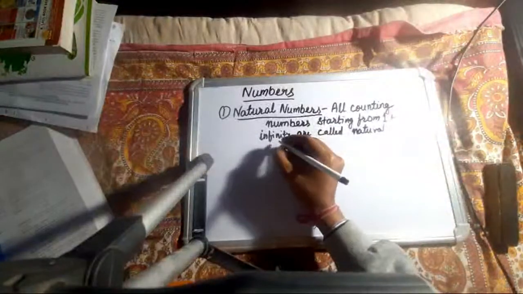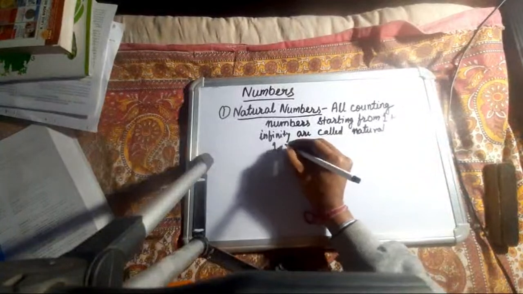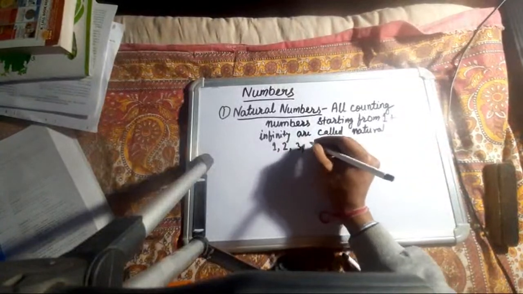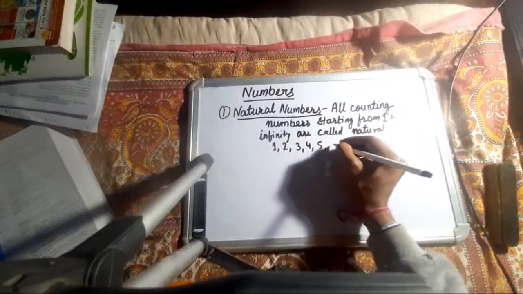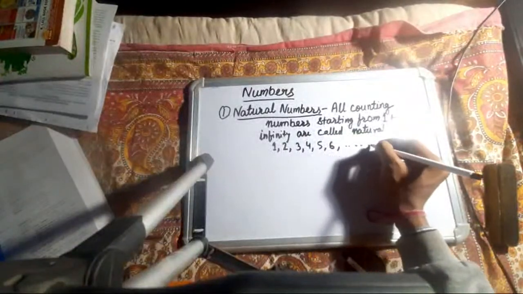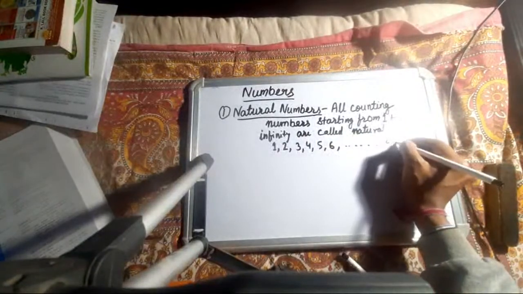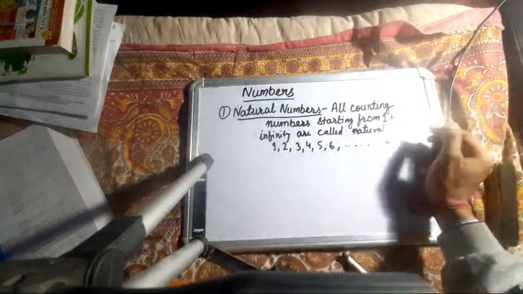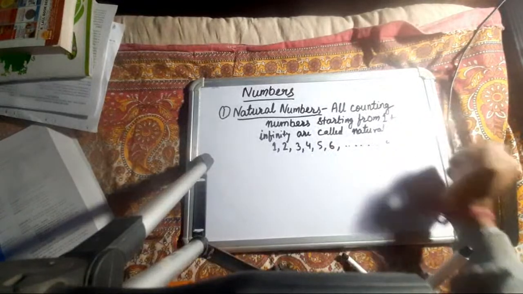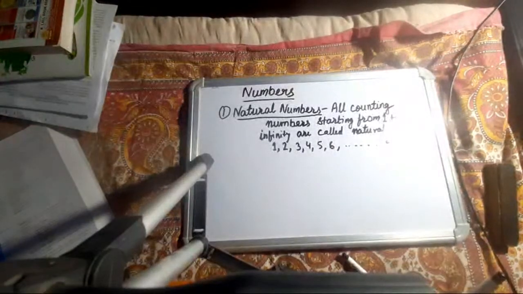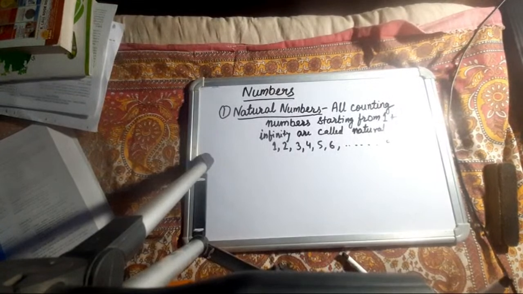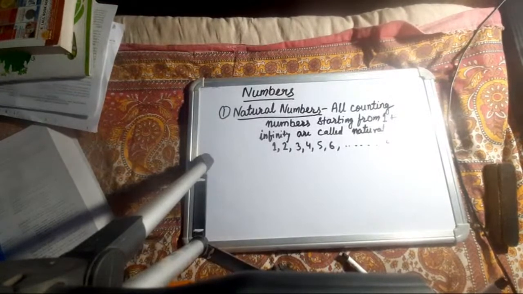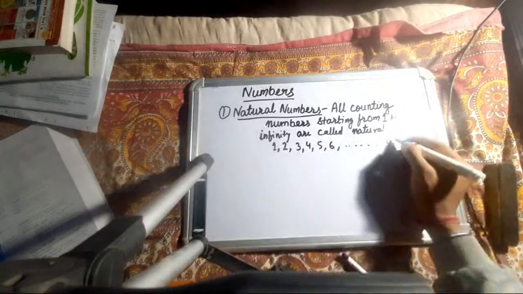For example, 1, 2, 3, 4, 5, 6, and so on up to infinity. So these are our natural numbers.